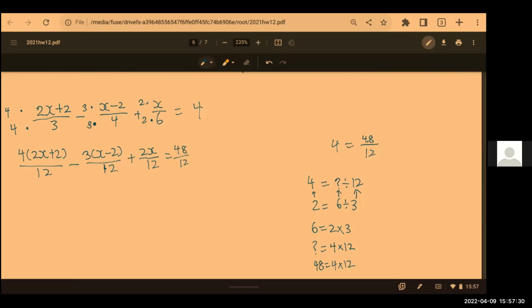Because they have 12, what can you do? They all have 12. Can you see they all have 12? Then? No. When they all have 12, what can you do?